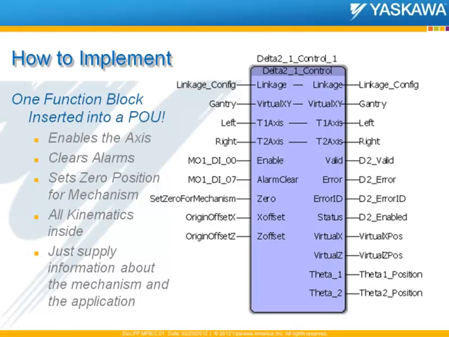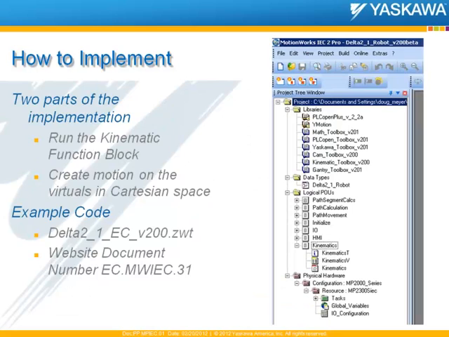After that, the user is responsible for the second part. After you run the kinematic block, motion needs to be created. What we're going to show you as part of this webinar today is some example code. We've created example code for you that takes you through the process, and this is on our website also as a free download.